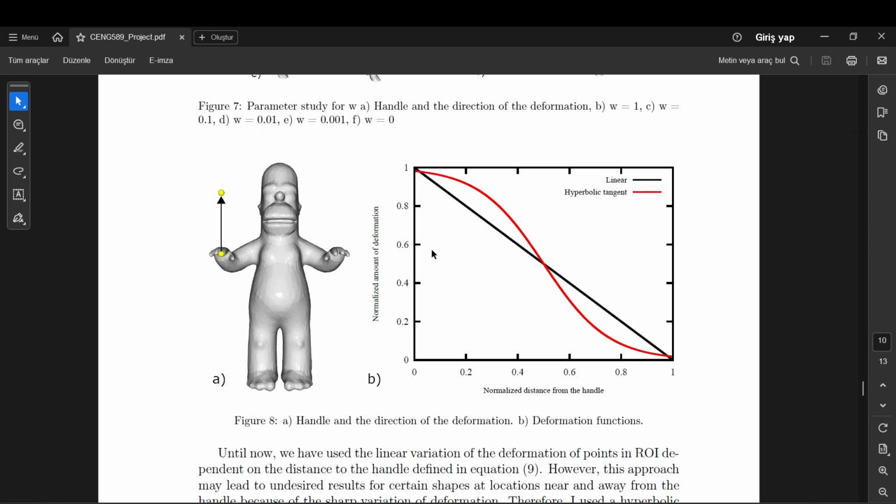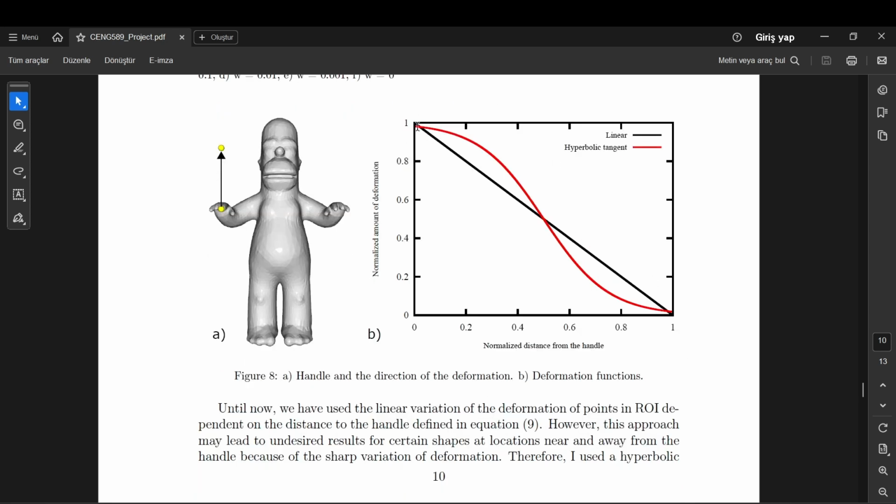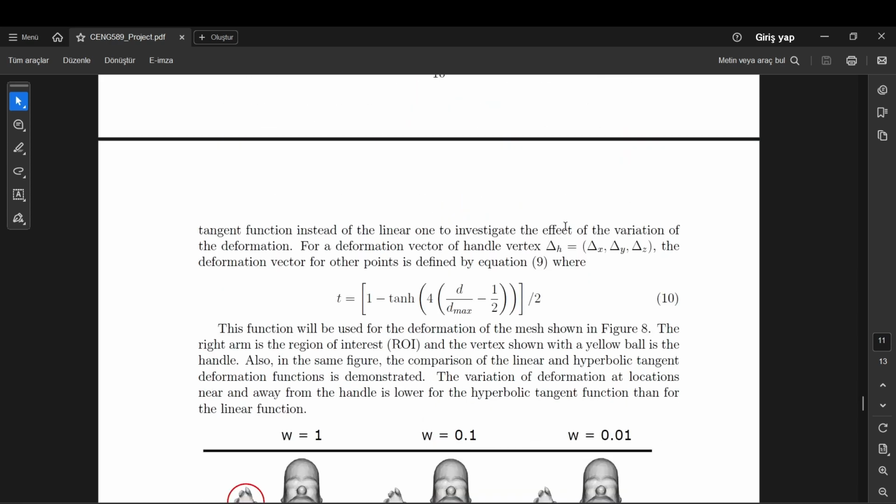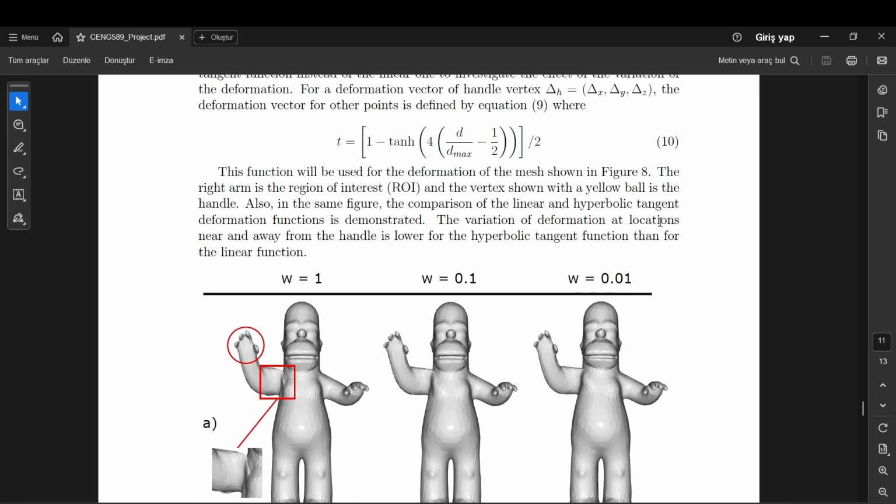Therefore, I introduced a hyperbolic tangent function. As you see here, the variations are lower, and I will show the effect of the difference of these deformation functions on the mesh.